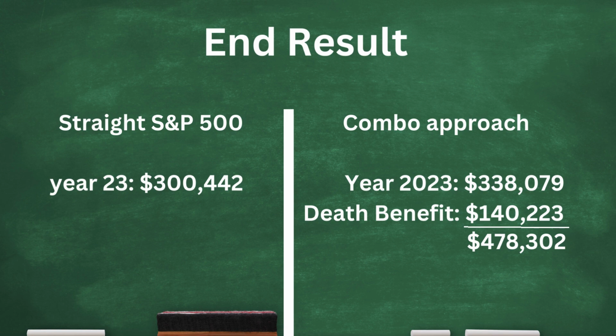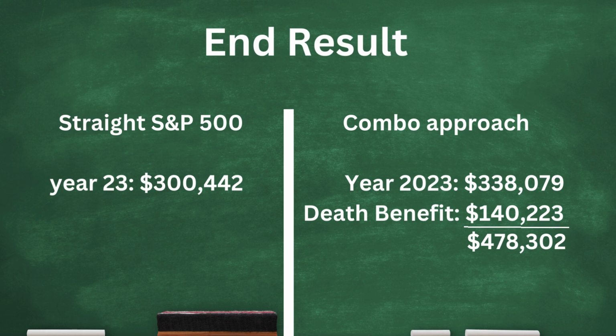So here's what I find really fascinating, okay? Over that time period, starting in 2000, going to December 2023, if we just did a straight $500 a month investment in the S&P 500, we end that 23-year period at $300,442.